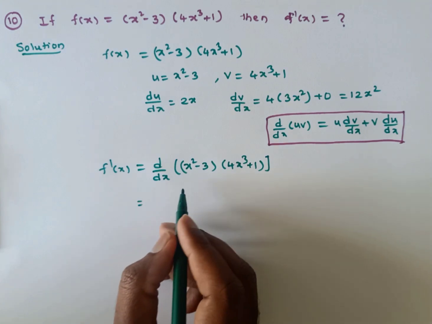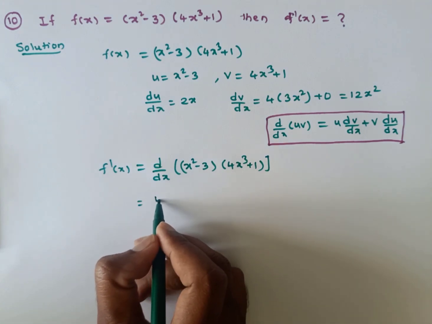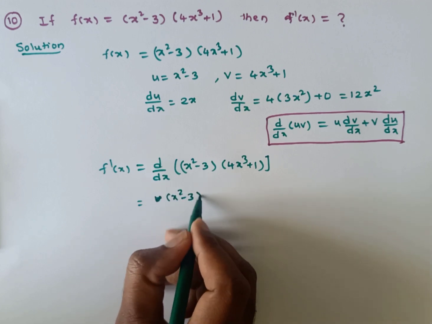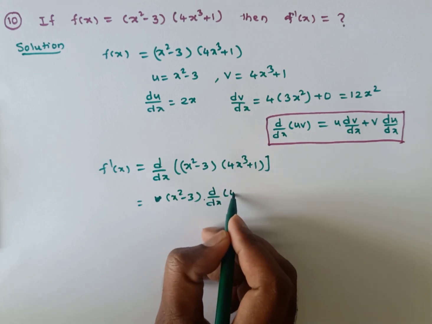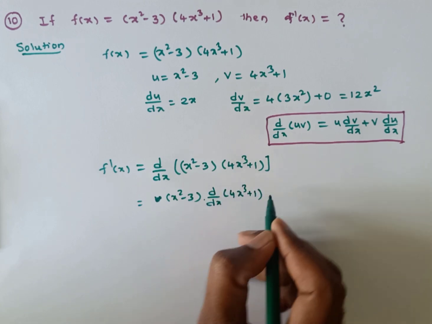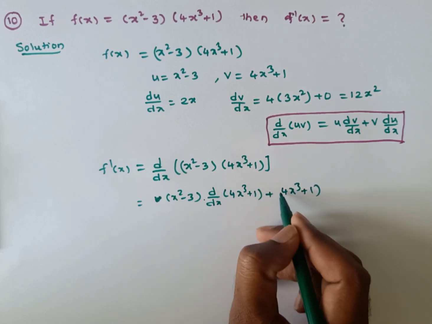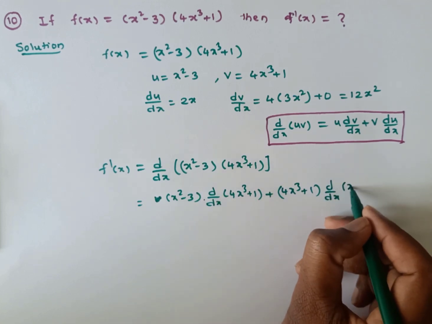If you apply the formula, that is u into derivative of v, that is x square minus 3 into d by dx of 4x cube plus 1, plus v, that is 4x cube plus 1 into derivative of u, that is x square minus 3.